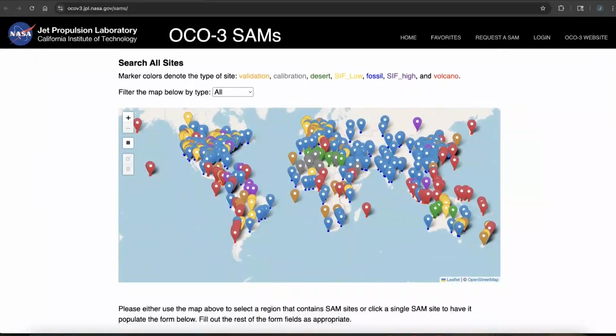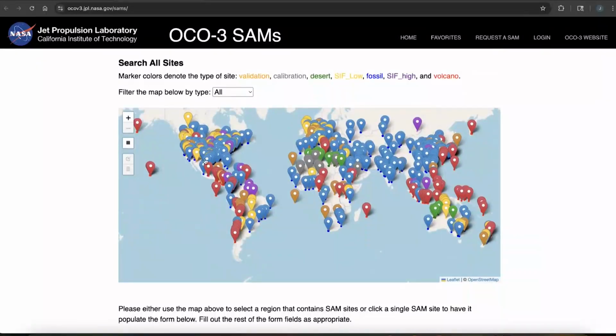You can find a specific SAM site by heading to the curated SAM webpage that we're looking at right now and searching for it by name or finding it on the map. The different colors for these pins represent different types, in other words, different local ecological conditions that can guide our expectations of what level of plant activity we can find at that location.